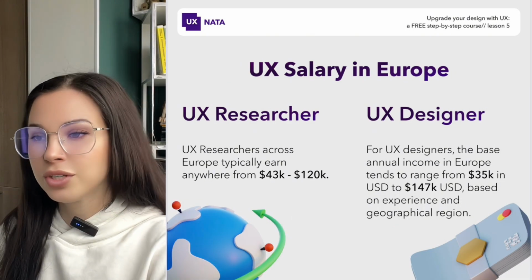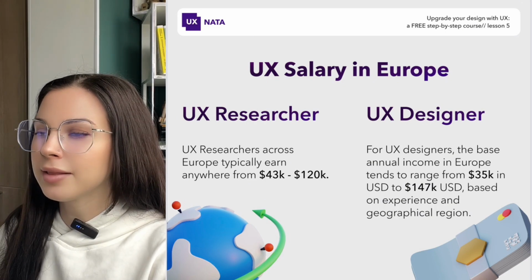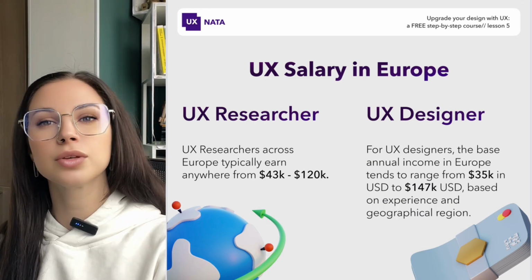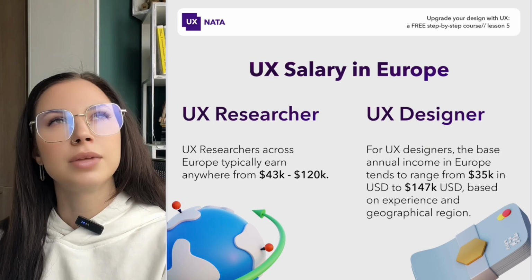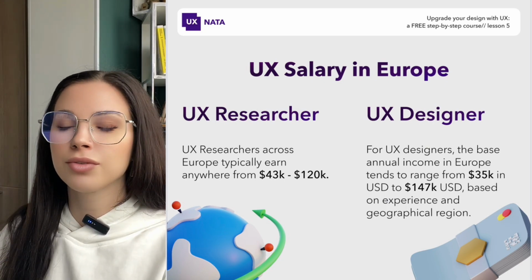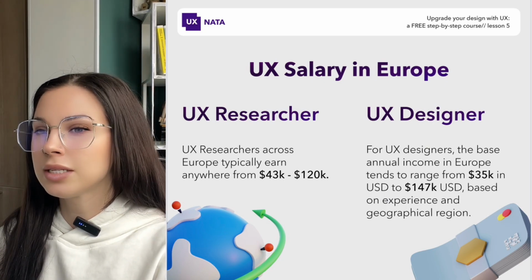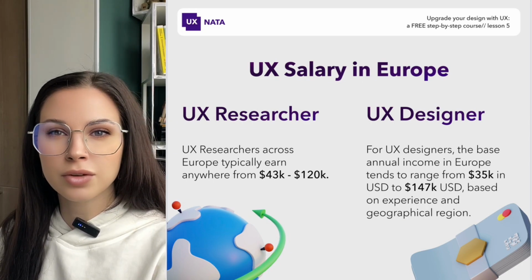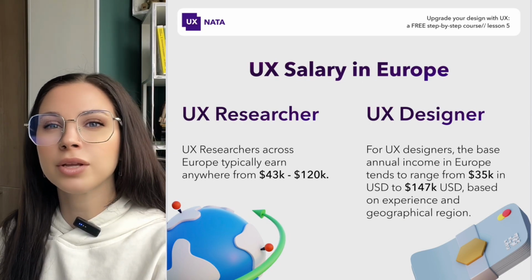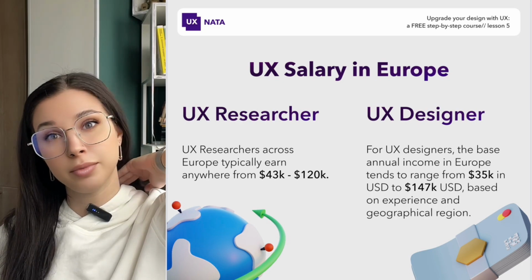And Europe too. But you should understand that it's really difficult to get into UX research, firstly, because this sphere can be really interesting for some people, but very hard for others.